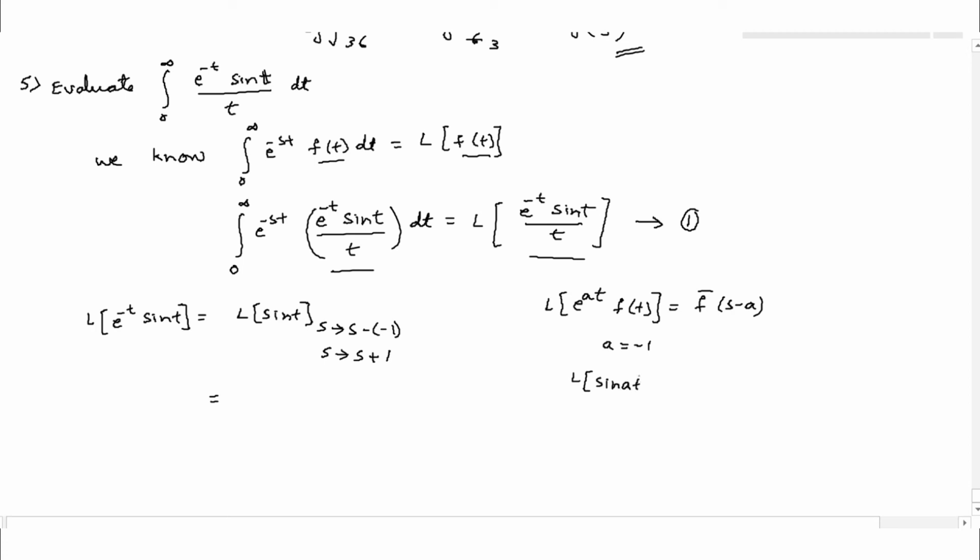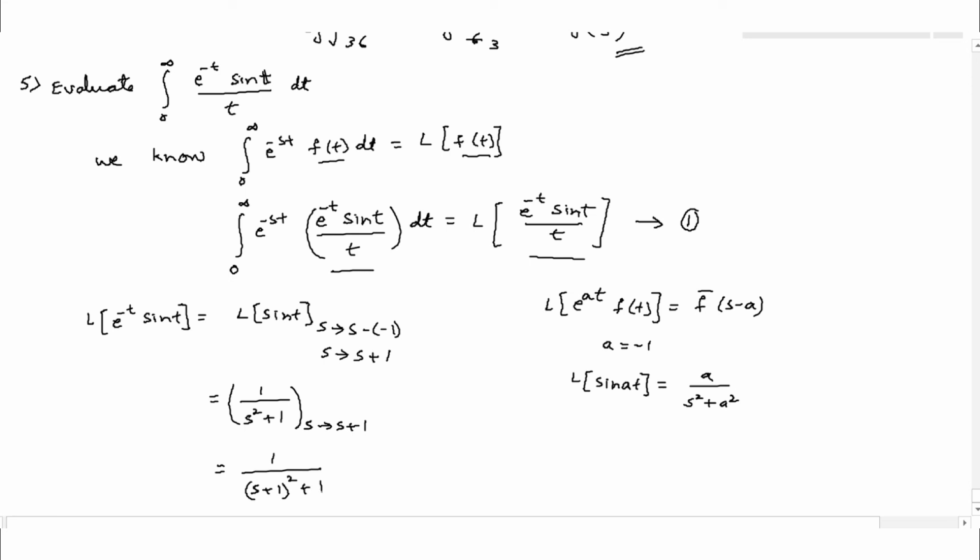So the Laplace transform of sin at is a by s square plus a square. Here the value of a is 1, so 1 by s square plus 1 whole square. So it is 1 by s square plus 1.